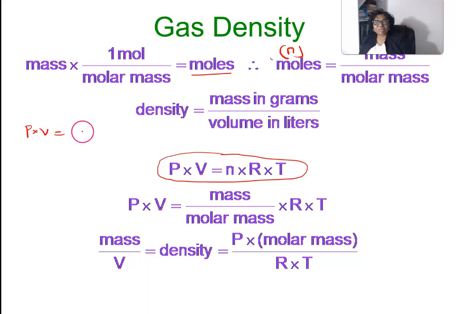P times V equals mass over molar mass times R times T. So we are going to take this P and multiply it by the molar mass. Let's do it again.